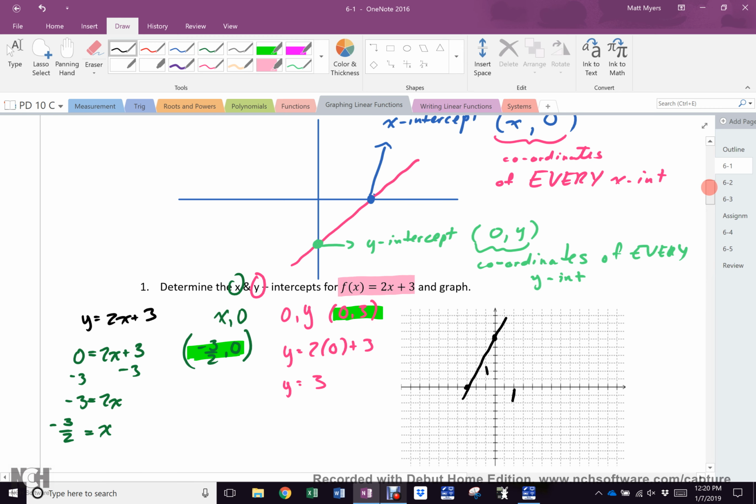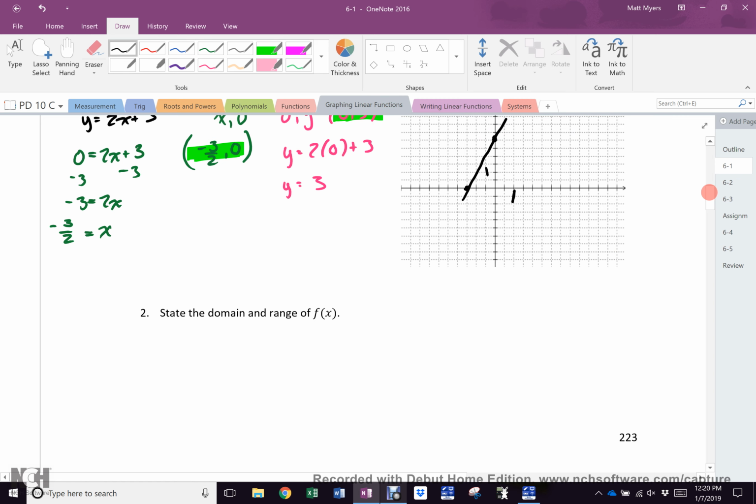Excellent. Just to remind you, because normally I do this lesson the day before I do the functions test, I throw in a domain and range here. What is the domain and range of a straight line?